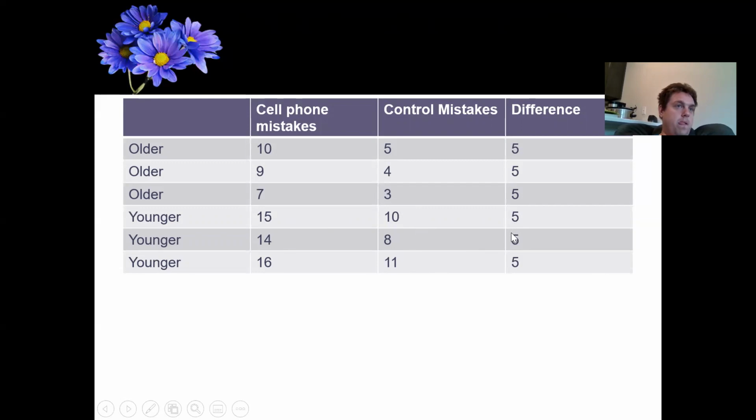So younger adults are making more mistakes overall. If I wanted an exact number of how many mistakes people make with cell phones, then I might want a representative sample. But if I'm really just interested in the difference between cell phones and no cell phones, then it might not matter.